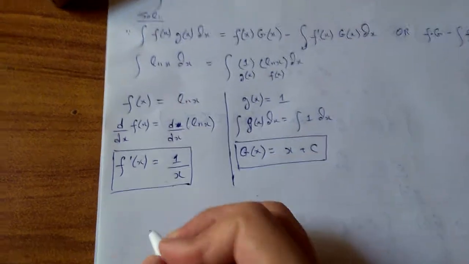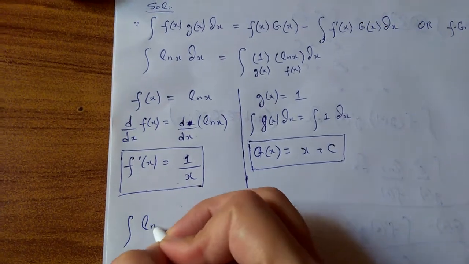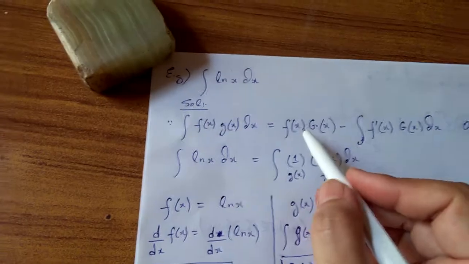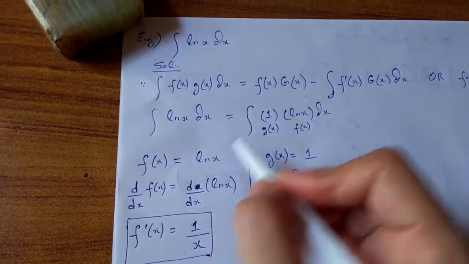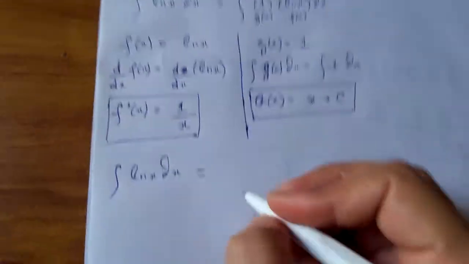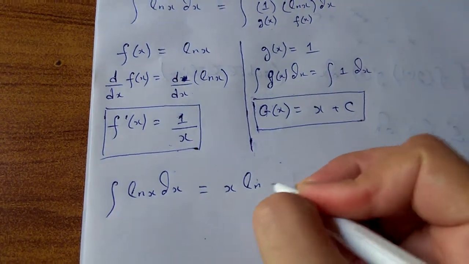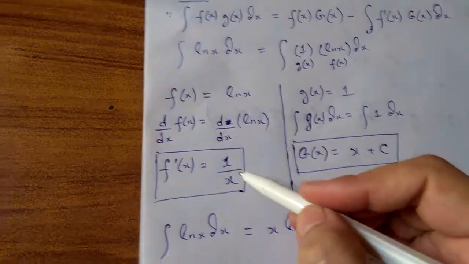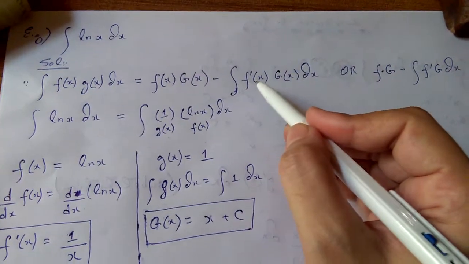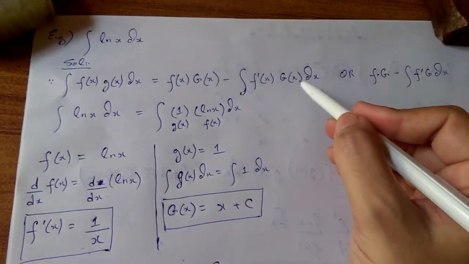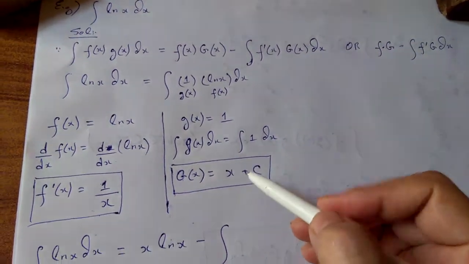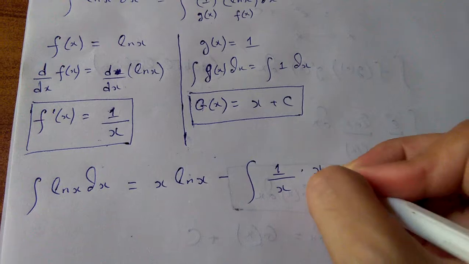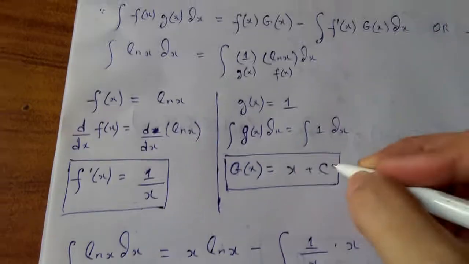Alright, so my integral of ln x is equal to: my f of x is ln x, my g of x is this, so it's going to be x times ln x minus integral of f dash x, which is 1 upon x, times capital G of x, which is x. Okay, it's going to be 1 upon x times x dx. No need to write the constant over here.